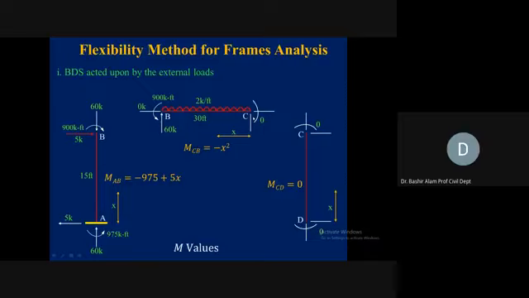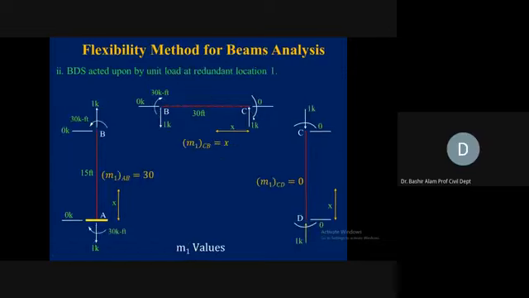For CD, D is the origin and the moment equation is 0. Similarly, for M1 values: for member AB, A is the origin and the moment equation is 30. For BC, C is the origin and the moment equation M1 is X, and for CD, D is the origin and the moment is 0.